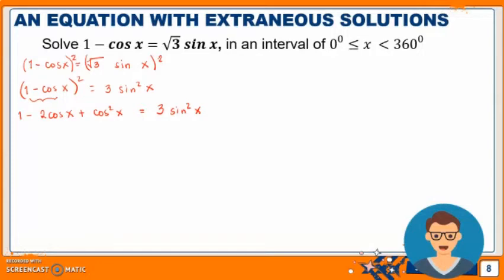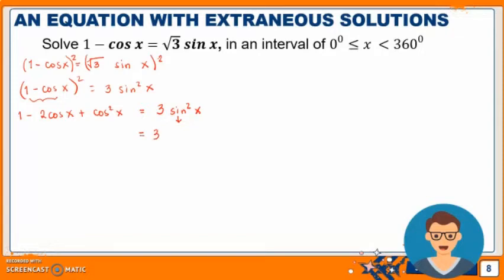In this portion, we could only have one trigonometric function. Thus, you may change either the cosine to sine or sine to cosine. In this case, sine squared x is easier to transform into cosine using the Pythagorean identity.